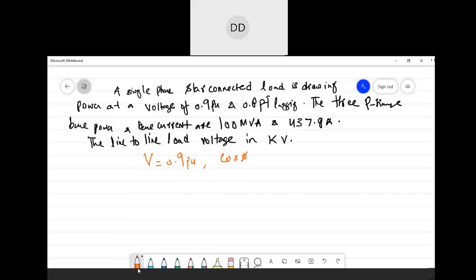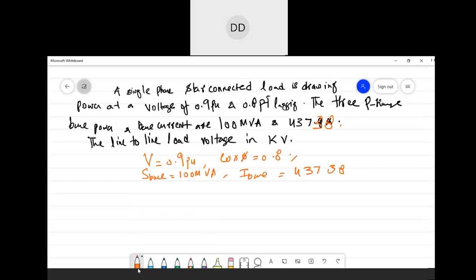Write the given data, read the question once or twice before solving. S base is 100 MVA, and I base is given as 437.38 amps.